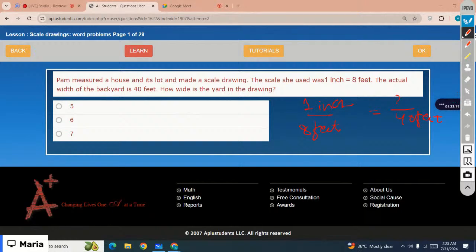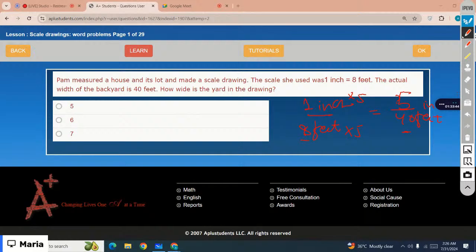Now you have to find how wide the yard is in the drawing, right? So you just look at the denominators. 8 times what number is 40? 8 times 5 is 40. That means you need to multiply the numerator by 5 as well. So it is 5 inches in the drawing. Actually, it is 40 feet, and in the drawing, it is 5 inches.